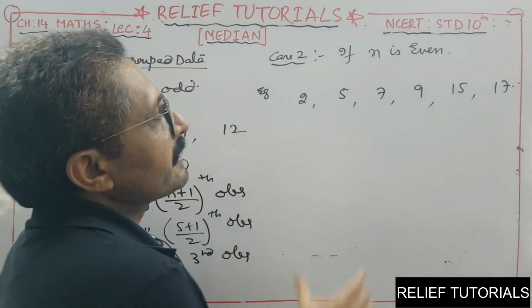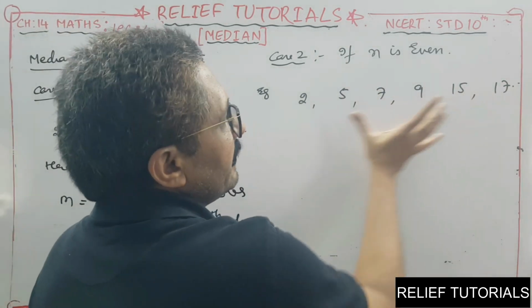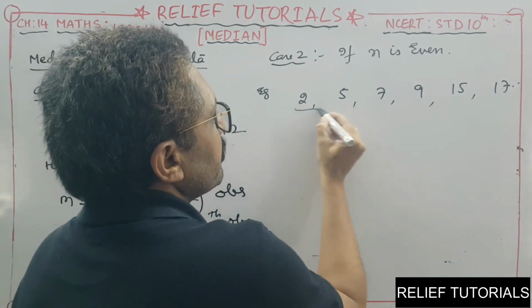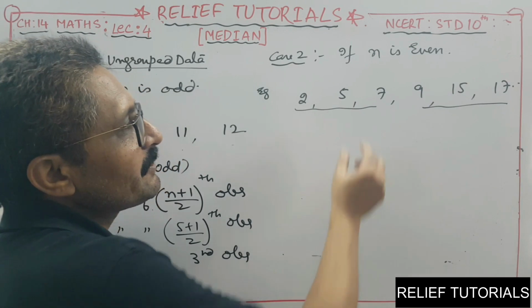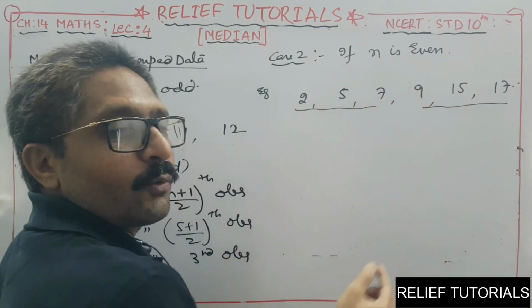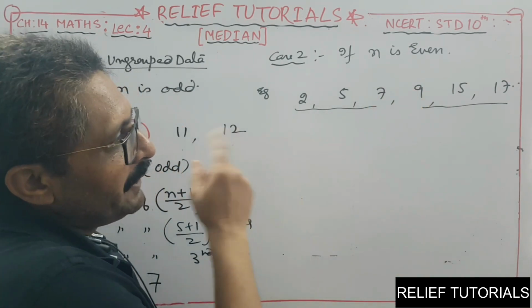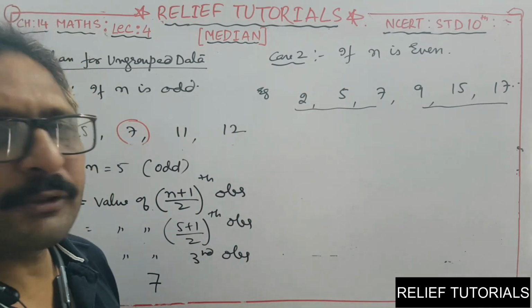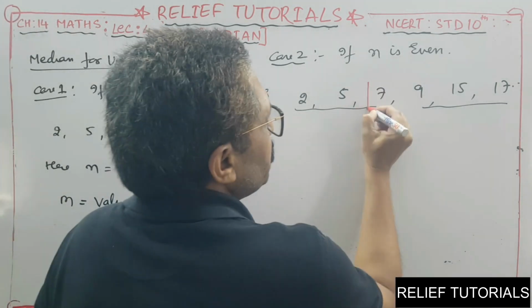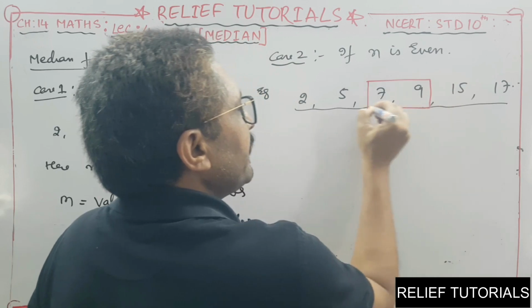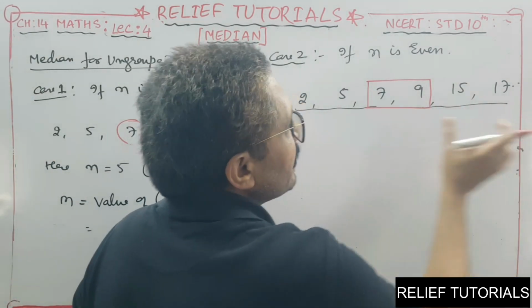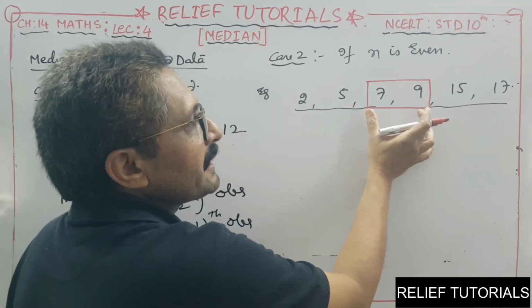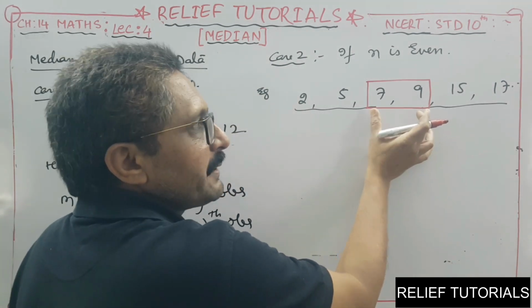How many observations are there? 6 observations are there, 3 on each side. So in this case we will not get a single middlemost observation. But here we have 2 observations in the middle. See, 50% are here and 50% are here. So there is not a single observation, but there are 2 observations at the middle.